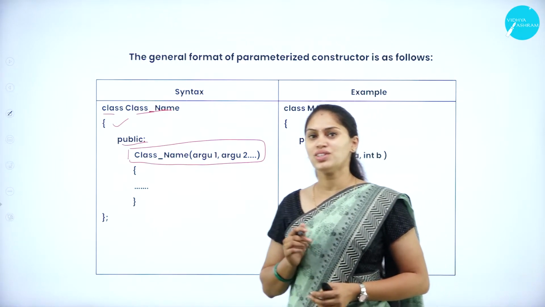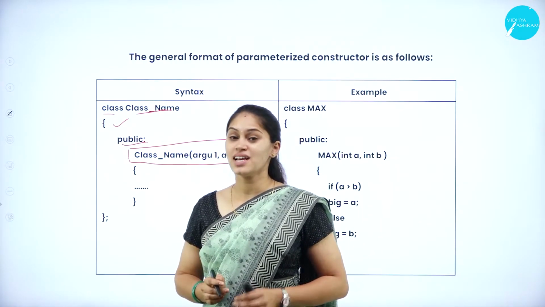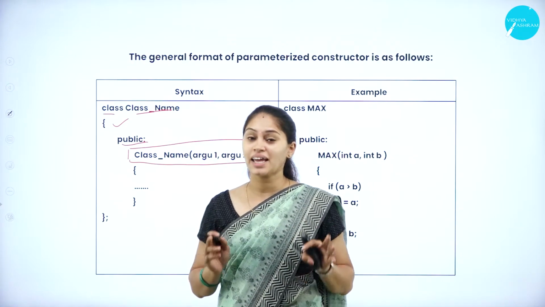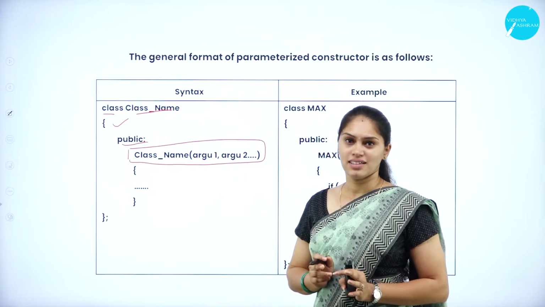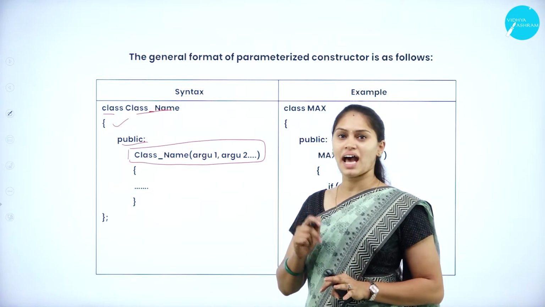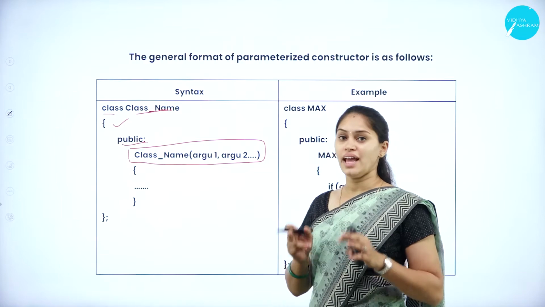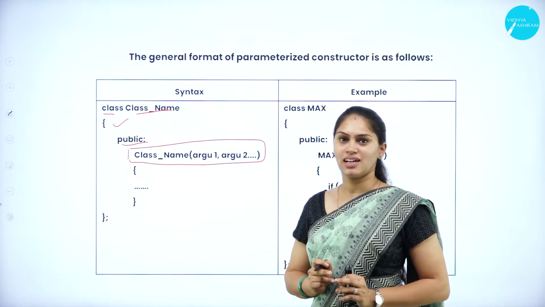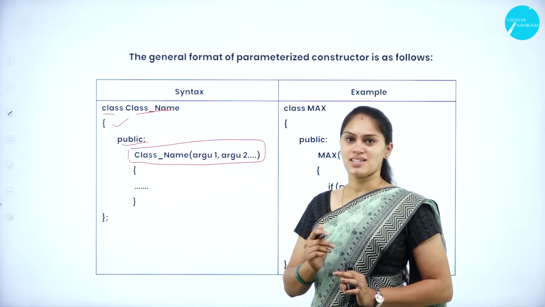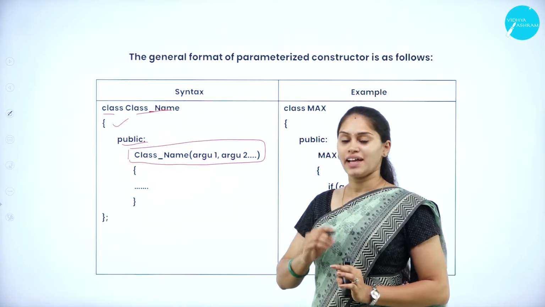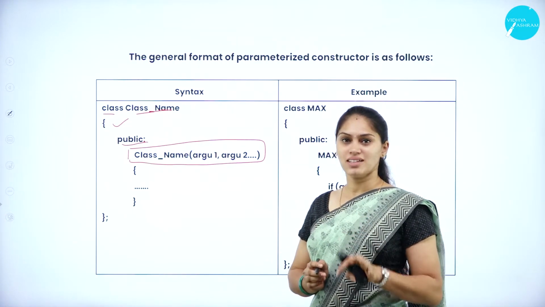If the member function has the same name as the class, then I can call that a constructor. If that constructor has an argument or a parameter within the parenthesis, then I can call that type of constructor a parameterized constructor.